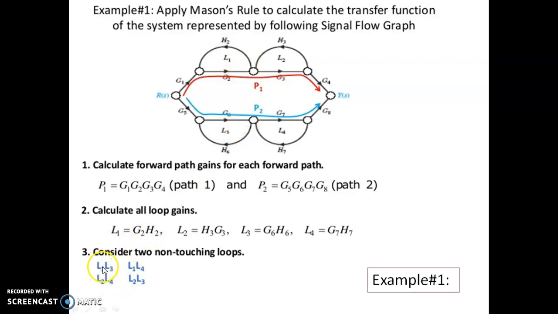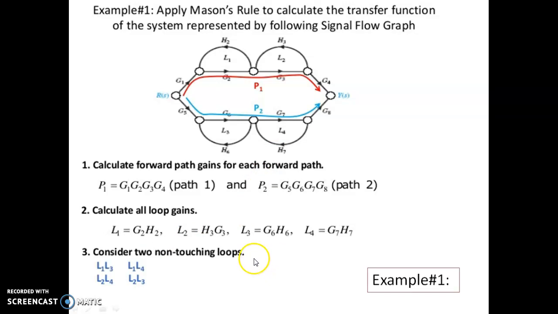L1, L4: not touching each other. L2, L3: not touching each other. L2, L4: not touching each other. L3, L4: touching each other. So these are the non-touching loops, two at a time.